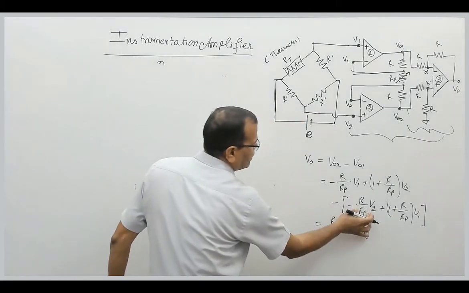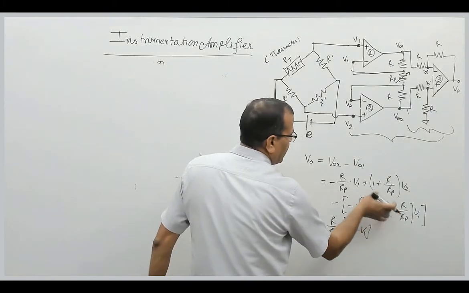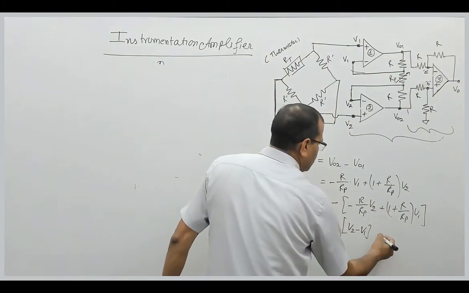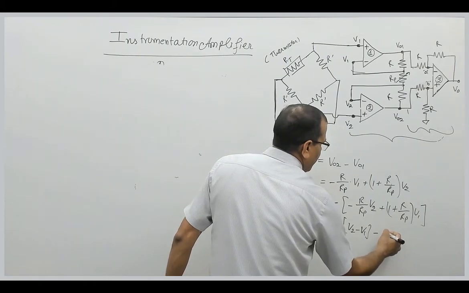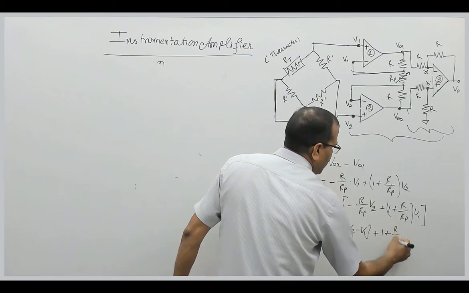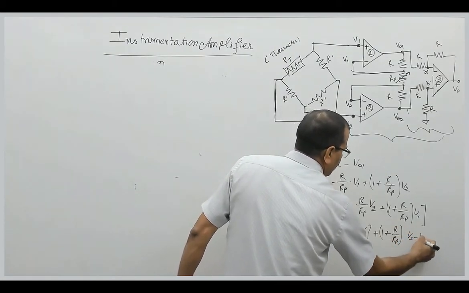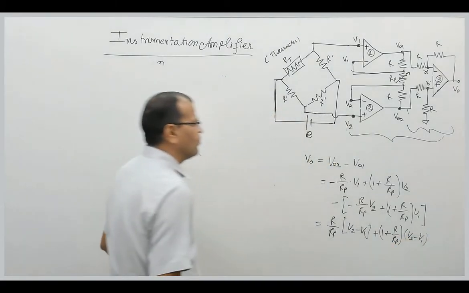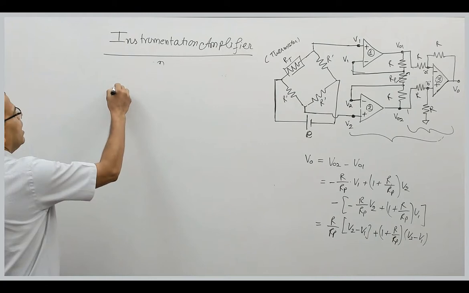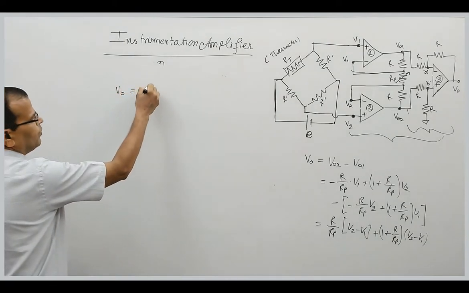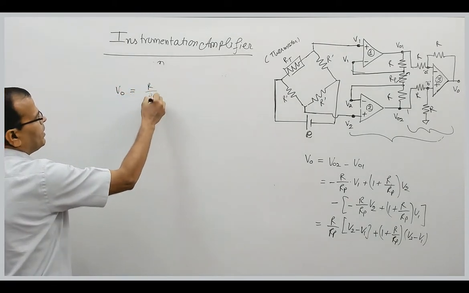I have taken this as common, and then I can take this as common, that is 1 plus R by RP into V2 minus V1. Fine. Or you can rewrite the output voltage as R by RP.